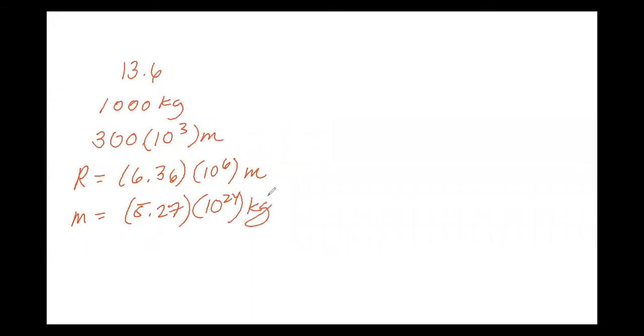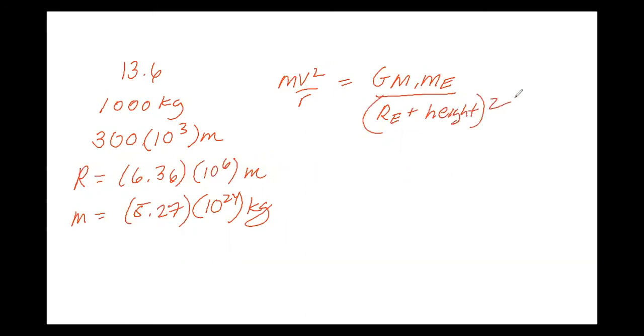All right, so let's see. If it's going to stay in orbit, the centripetal force is going to have to be equal to the force of gravity. So m v squared over r is going to have to be equal to G M1 M2, the mass of the Earth, over the radius of the Earth plus the height of the rocket, quantity squared.